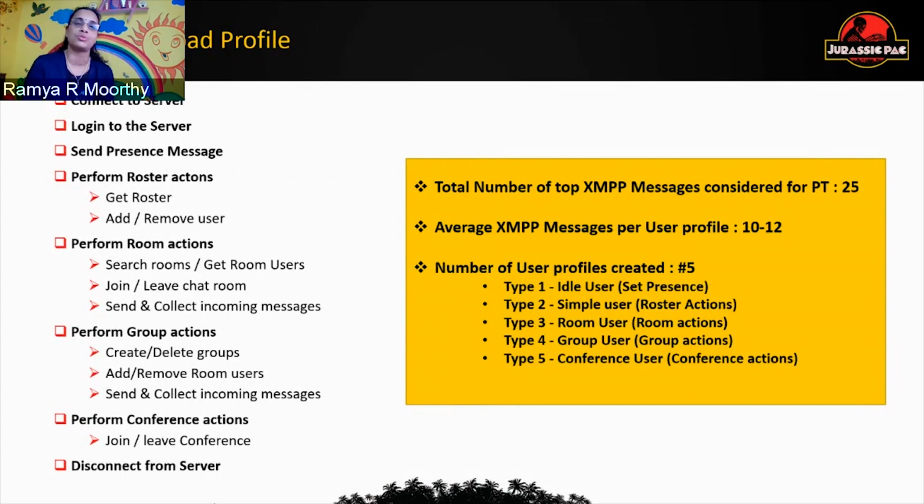No other messages go to the server. Whereas in type 2, there are a lot of activities happening: adding a user, removing him, getting the number of users I have. When it comes to room, group, conference, again, each user is very different, and these are the 5 distinct profiles through which the server could be getting load, right?